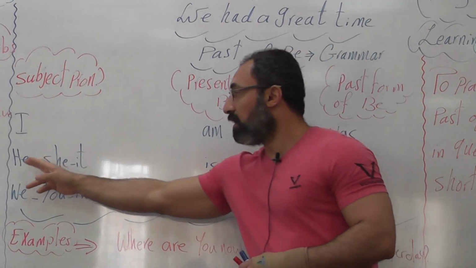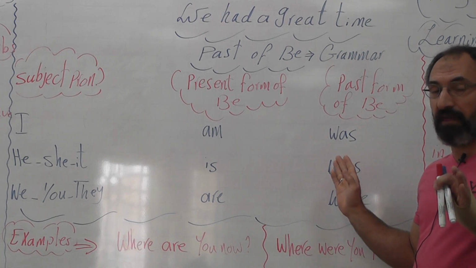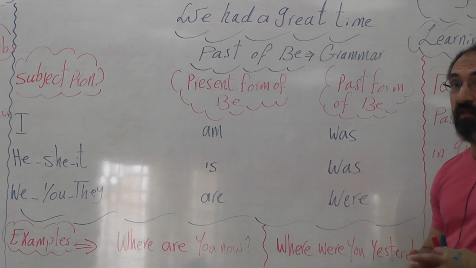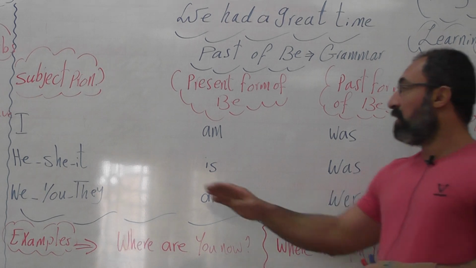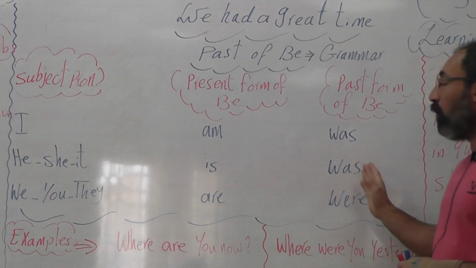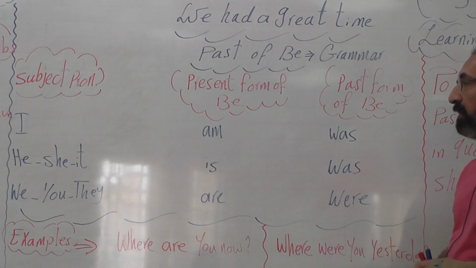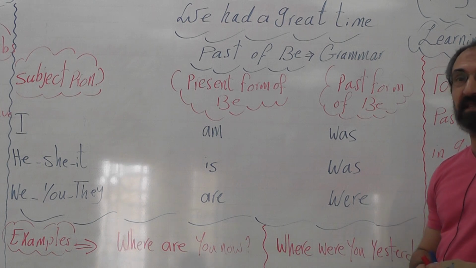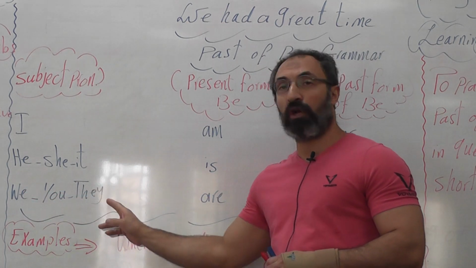So, he was. Be reminded that here we are talking in the past, something which happened and it's ended. She was. It was. Now let's come to the plural subject. Either we, you, or they.